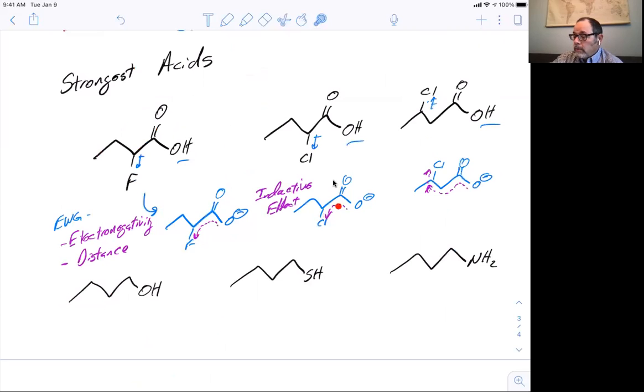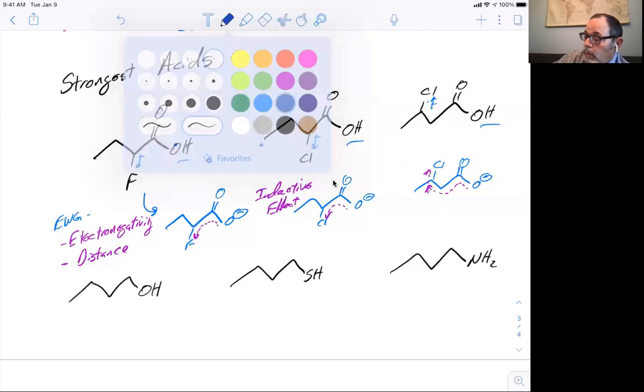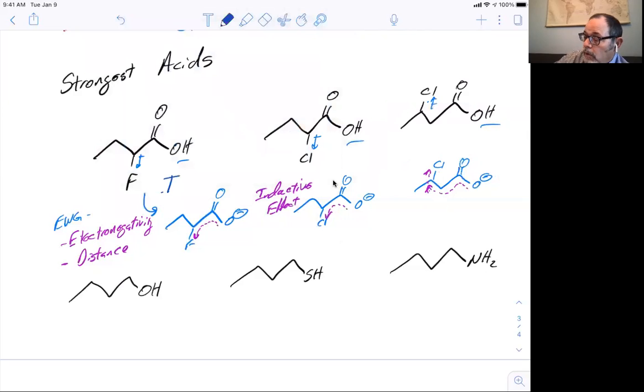When we look at distance, we see that these are both in the same position, and then this is further away. Since this is further away, this is going to have a weaker stabilizing force than this, so less inductive effect than this, and this will have a less inductive effect than this because of electronegativity. So if we rank these, we're going to end up with this being the strongest acid, the second, and then the third.